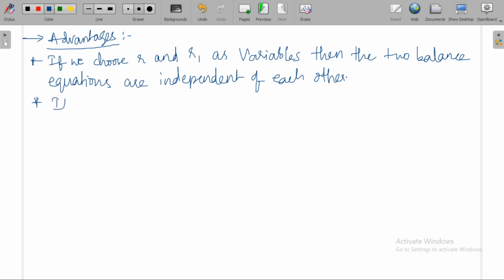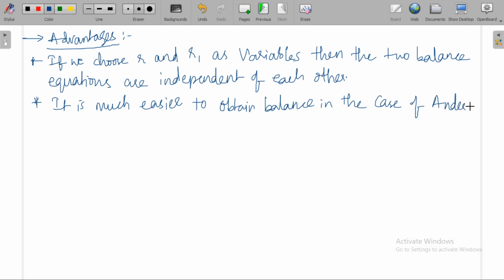In this bridge, it is much easier to obtain balance in the case of Anderson's bridge than in Maxwell's bridge for low Q coils.